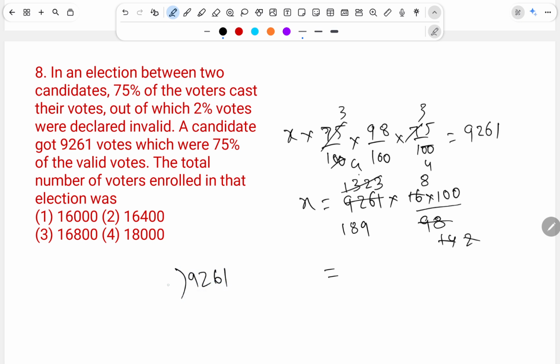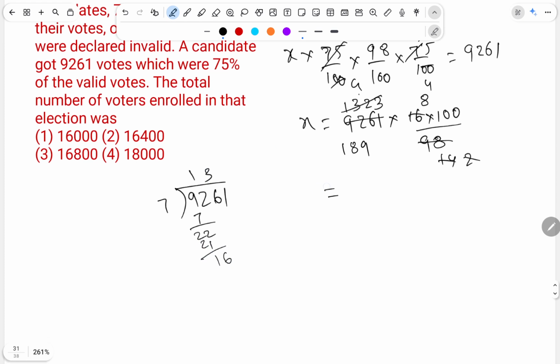9261 by 98. First go by 7. 7 ones, 7. 7 threes, 21. 7 twos, 14. Okay, 1 3 2 3.